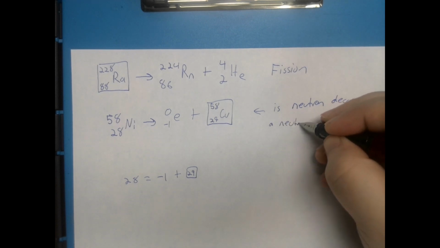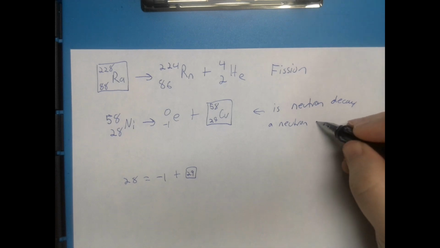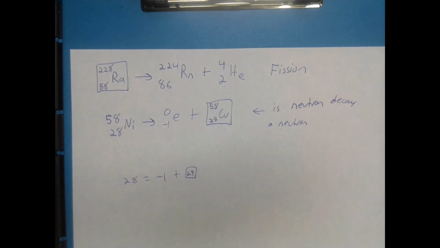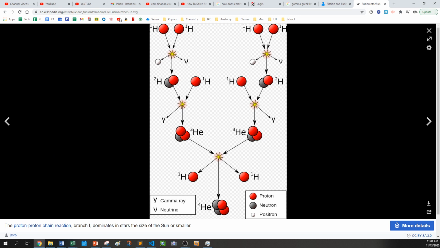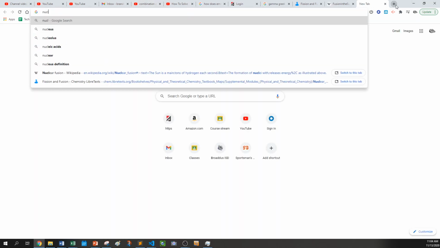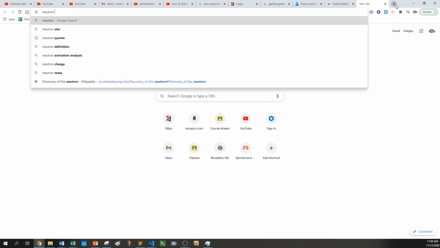A neutron decay is when a neutron outputs an antineutrino, a proton, and an electron. I often don't teach the true equations because a lot of these are unimportant at the high school level.